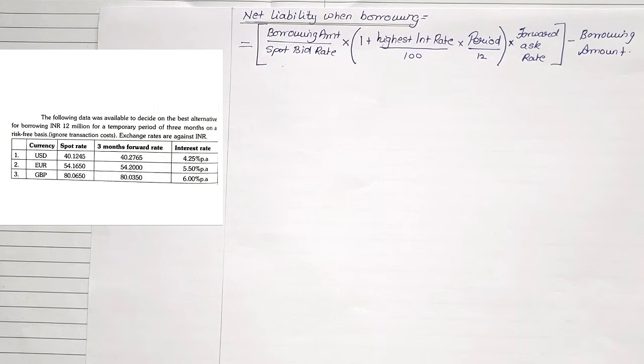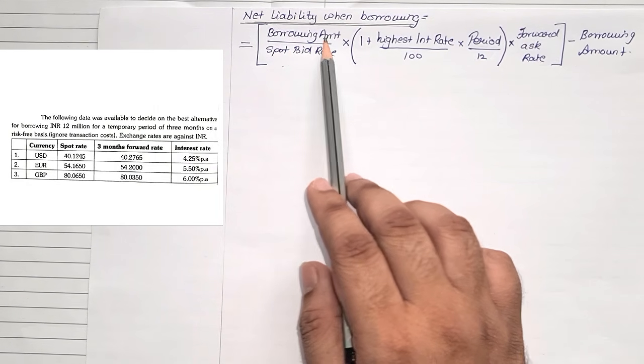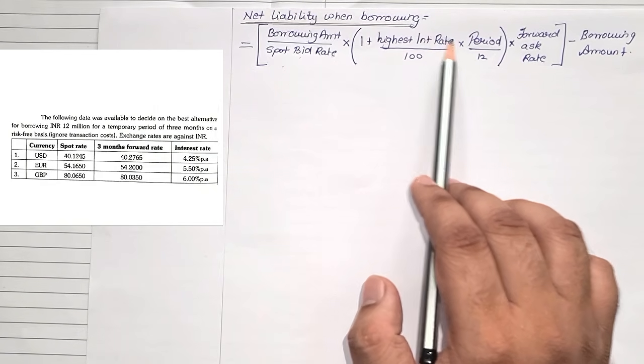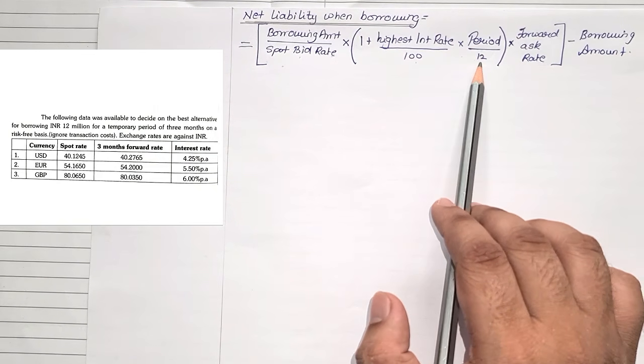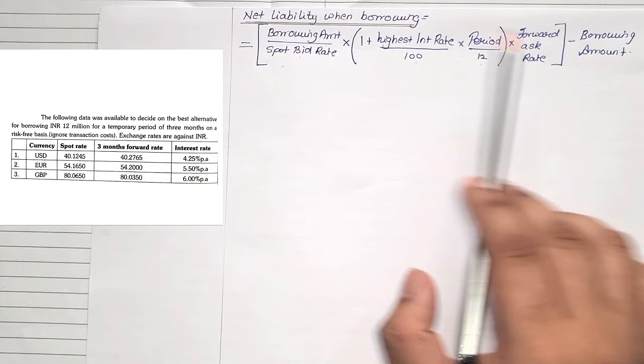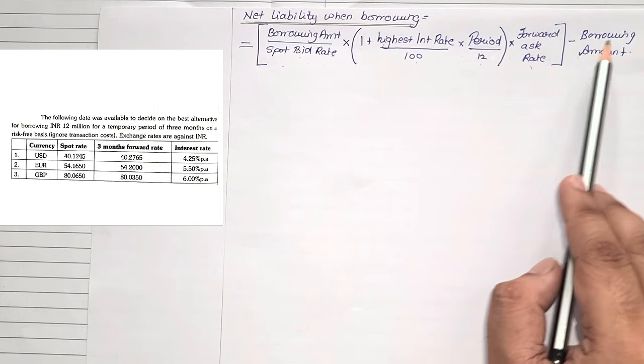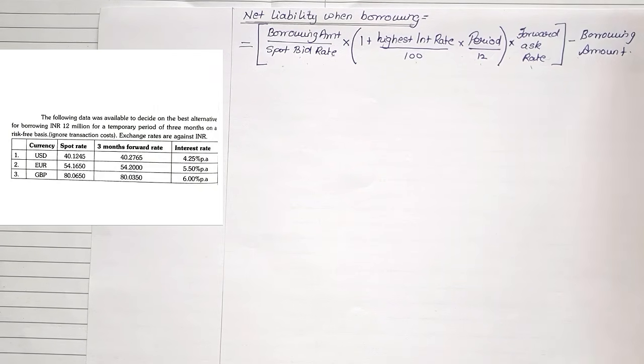Whenever they're asking you to find the net liability of the borrowing, from the borrowing point of view, the formula will always be borrowing amount upon spot bid rate into 1 plus highest interest rate upon 100 into the period upon 12 into forward ask rate. Here remember it is spot bid rate, here it will be forward ask rate, minus the borrowing amount. If you all note down this formula and solve according to it, you can never get this sum wrong.